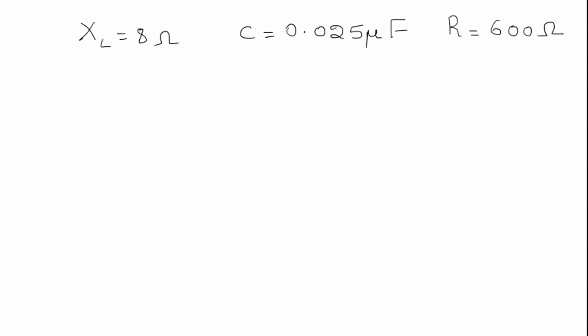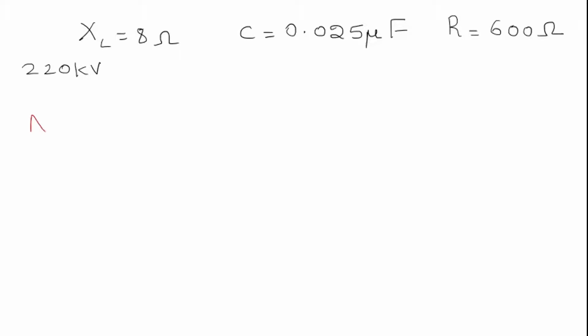Inductive reactance XL is 8 ohms, the capacitance is 0.025 microfarad, the resistance connected across the circuit breaker contacts is 600 ohms, and the system is having a 220 kV voltage.